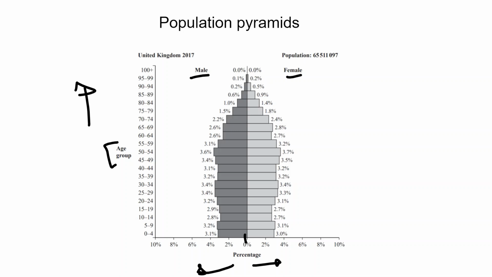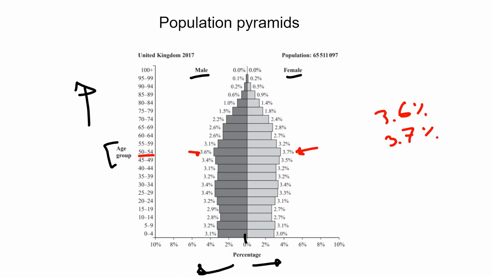If we pick one age group at random, say the 50 to 54, and read it off, males have 3.6% and females have 3.7%.